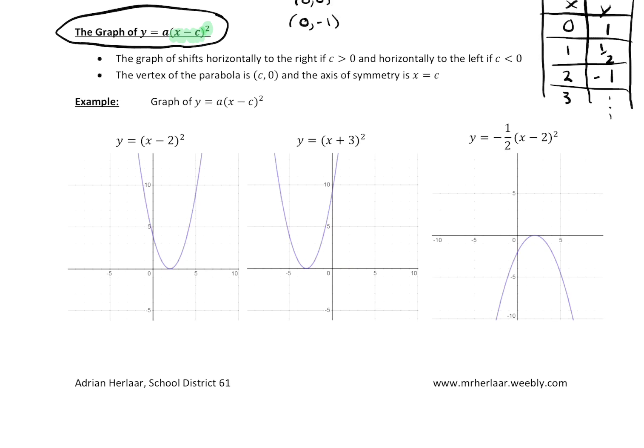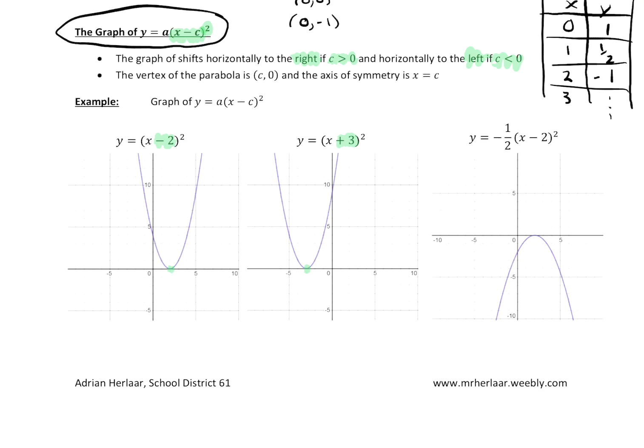Now, this is going to be a little paradoxical, oxymoronic, however you want to say it. Here it's x minus 2, but I'm shifting in the positive direction. And here it's x plus 3, and I'm shifting in a negative direction. So some people will say, if c is greater than 0, shift right. If c is less than 0, shift left. Fine, but honestly, the easiest way for me to think about this is what's happening to my vertex.